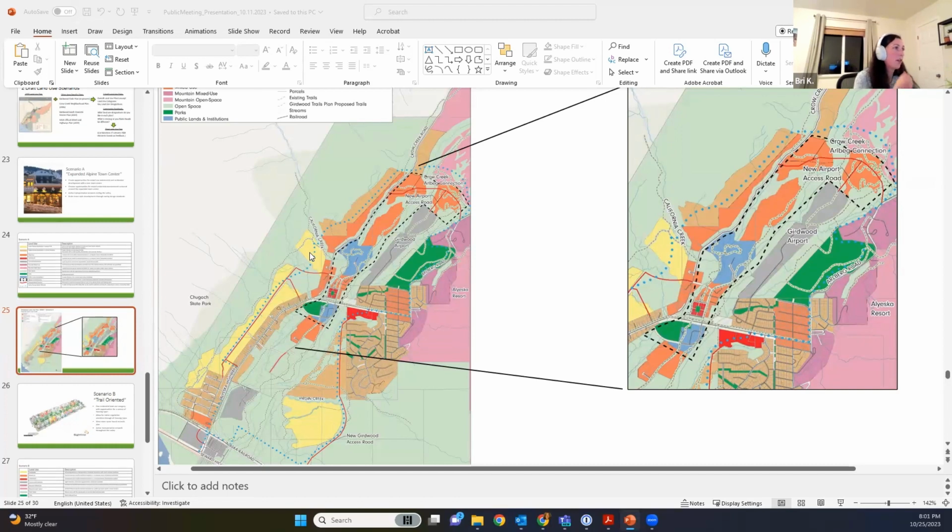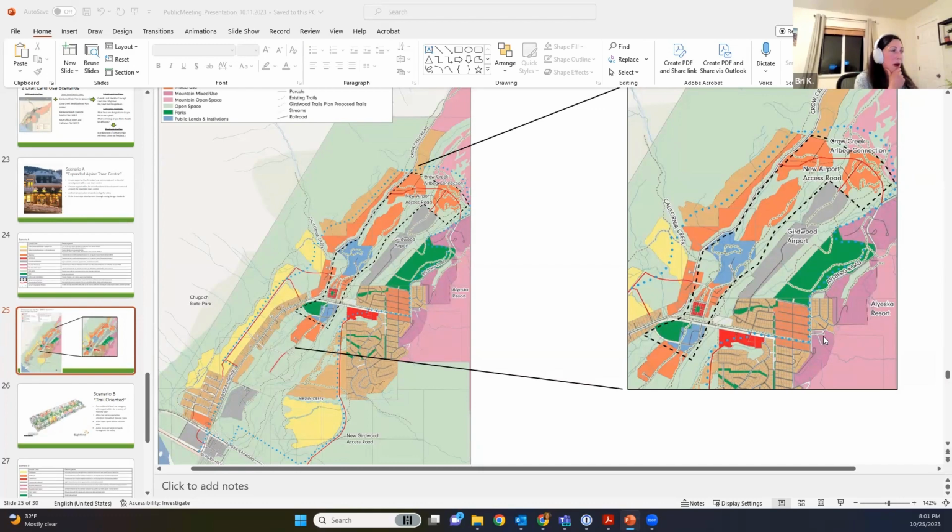And then the other thing we want to point out, and this will be the same on both maps, is what's happening at the base of the mountain. We have the darker purple being the mountain mixed use. So that's still opportunities for commercial and residential, but the commercial would be more focused on recreation uses related to the mountain.